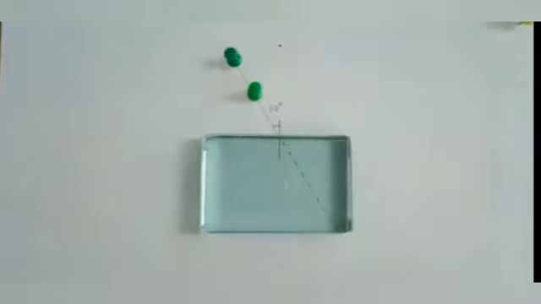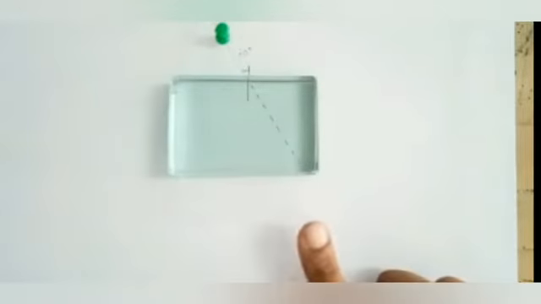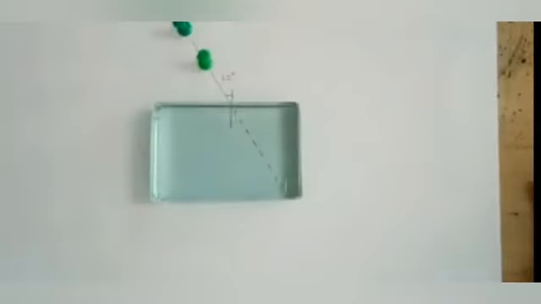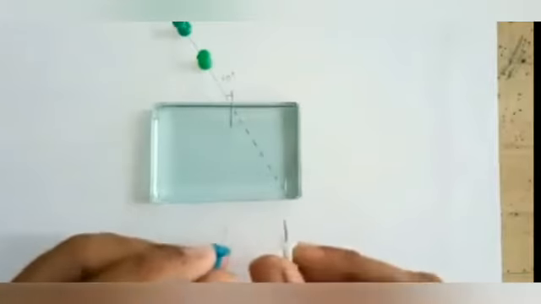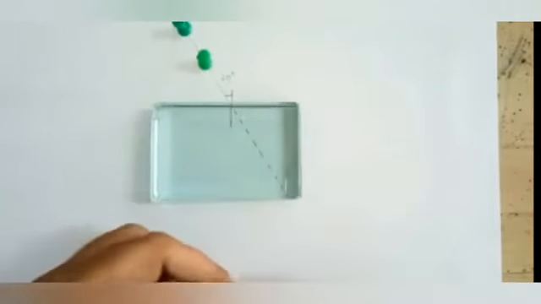Okay, now from this side, I mean to say that from this side I'll see these 2 softboard pins from here. So by keeping one eye closed, I am going to keep my eye over here and observe these 2 softboard pins from this side, and I will keep another 2 softboard pins here in such a way that all 4 appear to be in a straight line.